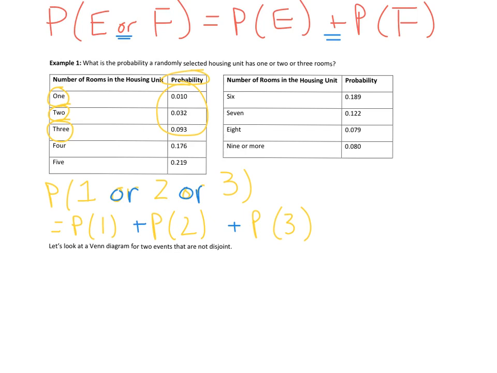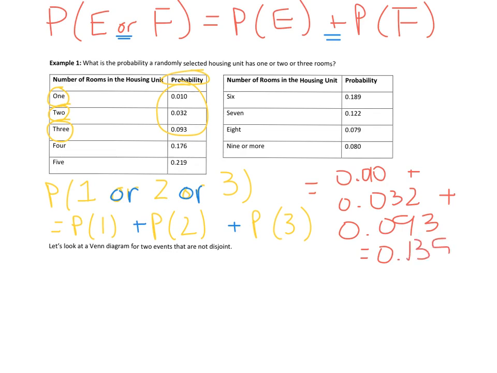So we're looking at 0.1010 plus 0.032 plus 0.093. All right, and if we add all of those up, we get 0.135. So a very straightforward, very simple example of the addition rule.